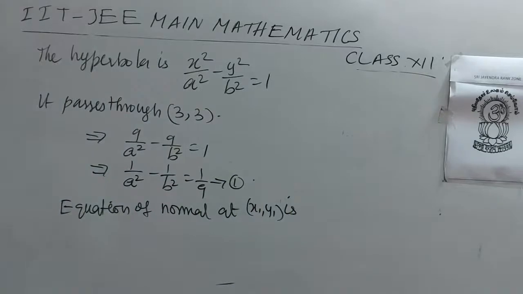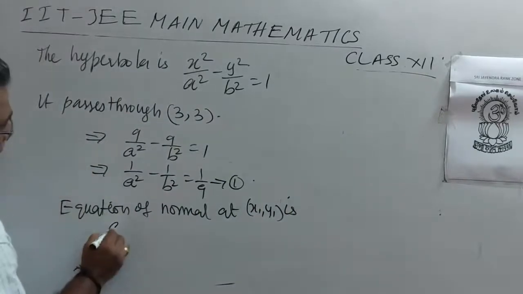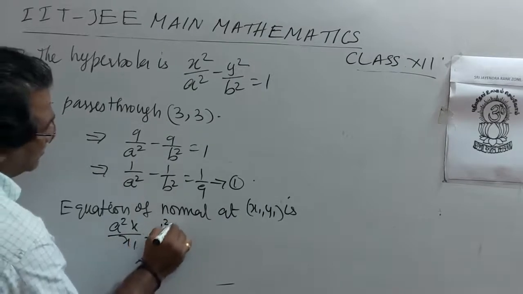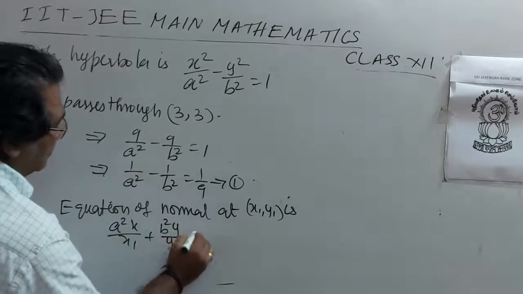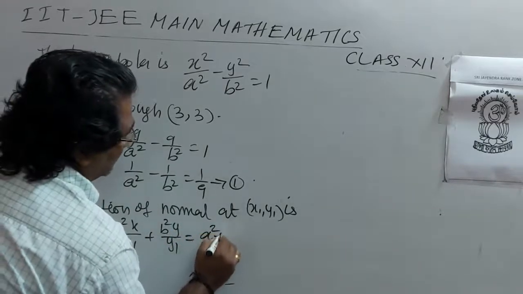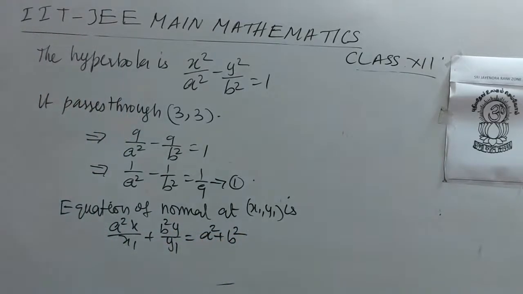Equation of normal at (x1, y1) is a squared x by x1 plus b squared y by y1 equal to a squared plus b squared.